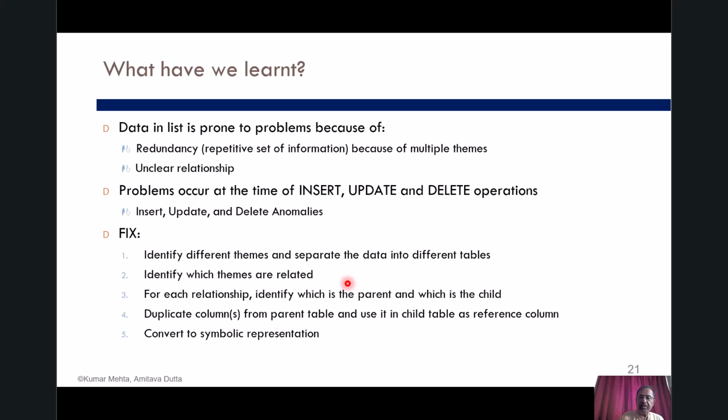Okay, and in the process of taking care of the problems with putting everything in one big list, we saw how to decompose them into themes, and we also saw how to implement the parent-child relationships among the different themes using reference columns. These are the basic concepts, at least the initial concepts, associated with our journey through data models, and we will continue this journey in subsequent weeks.